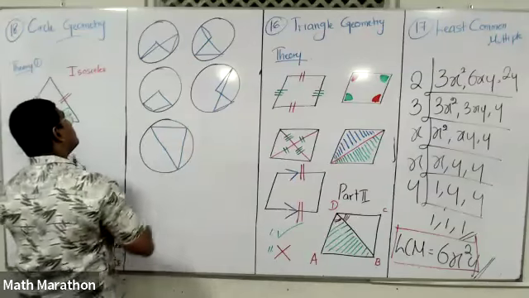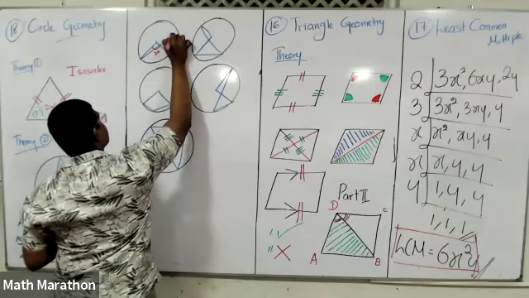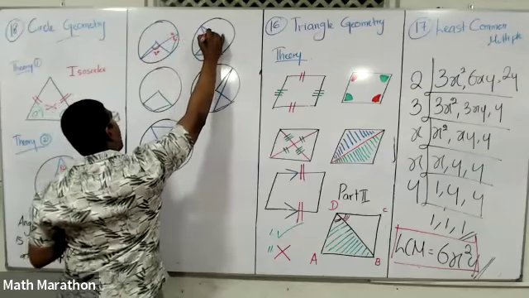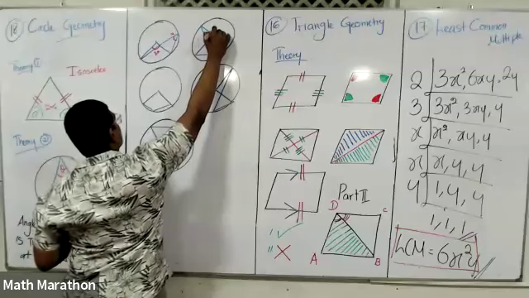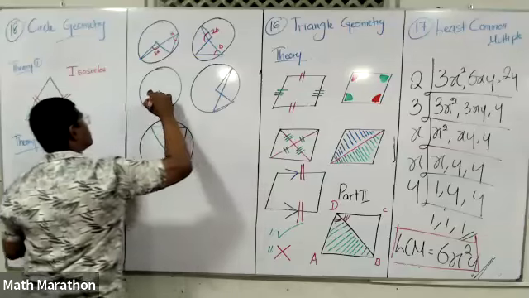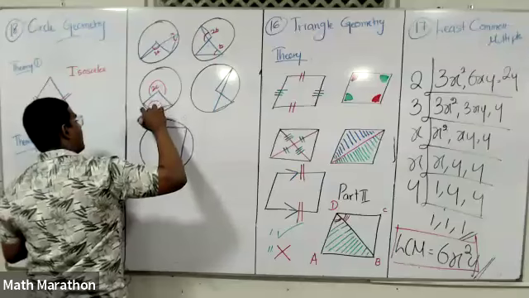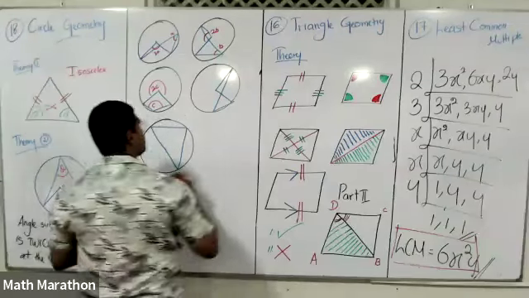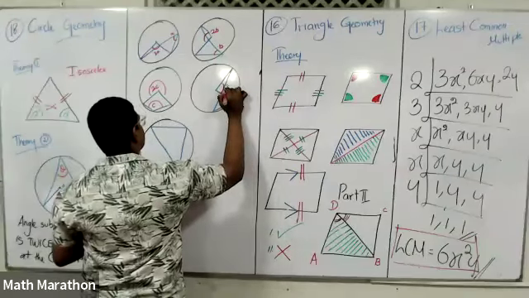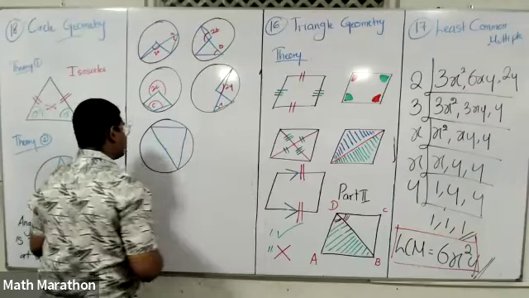If this is 2A, this is A. The angle at the center, if this is 2B, the angle at the circumference is B. The angle at the center is 2C, the angle at the circumference is C. The angle at the center is 2Y, the angle at the circumference is Y.